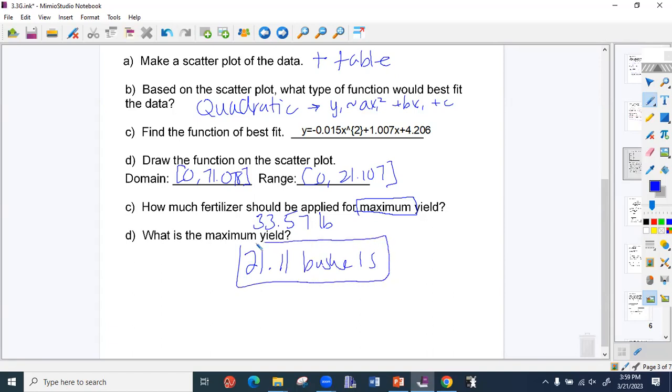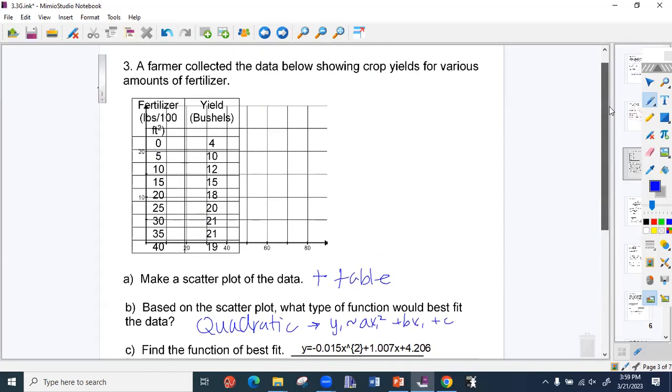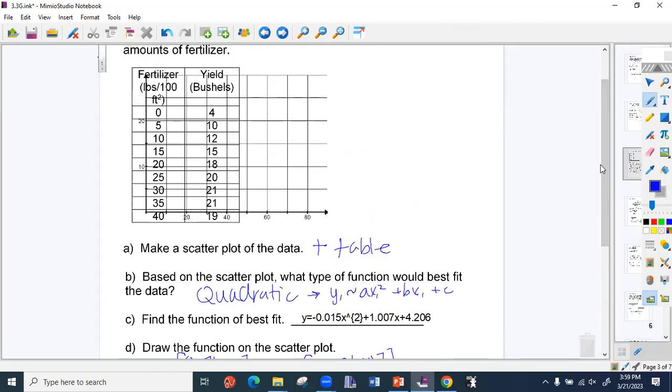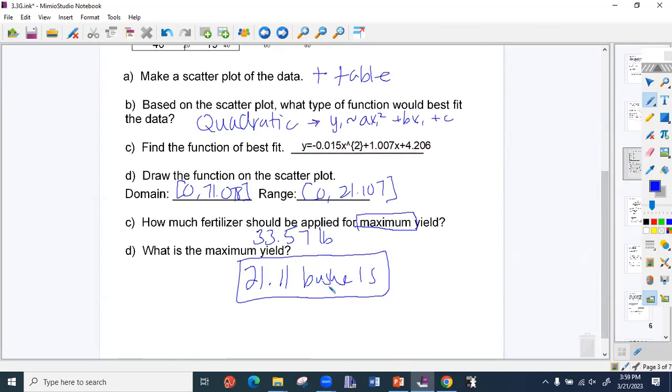So that's going to be, oh my gosh, I just didn't want to write another. Bushels? Is that how you spell it? Yeah, bushels. It's there. Right there. You get it.